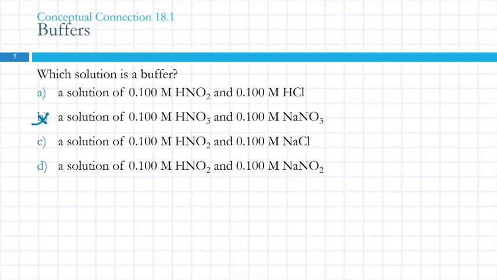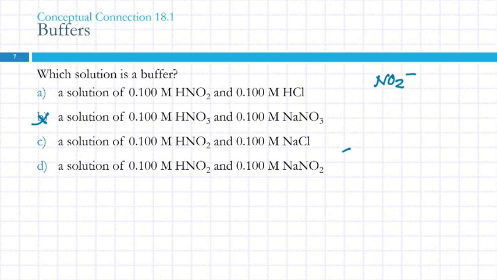And now we need to find the one that has the conjugate base for HNO2. So the conjugate base will just have the hydrogen ion taken off. So you might be looking for NO2 minus, and you're not going to see it.